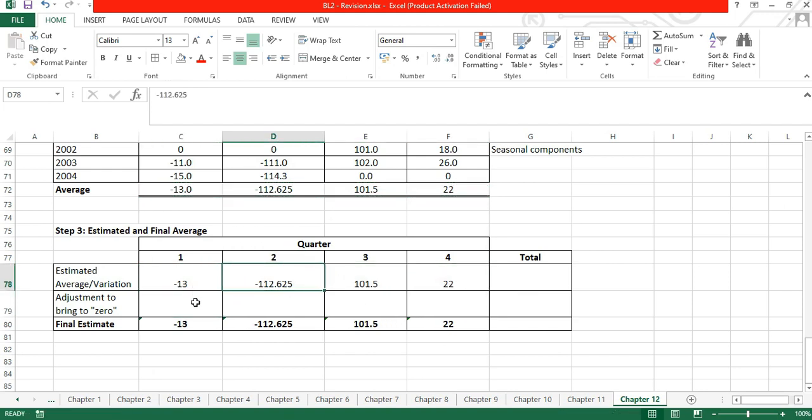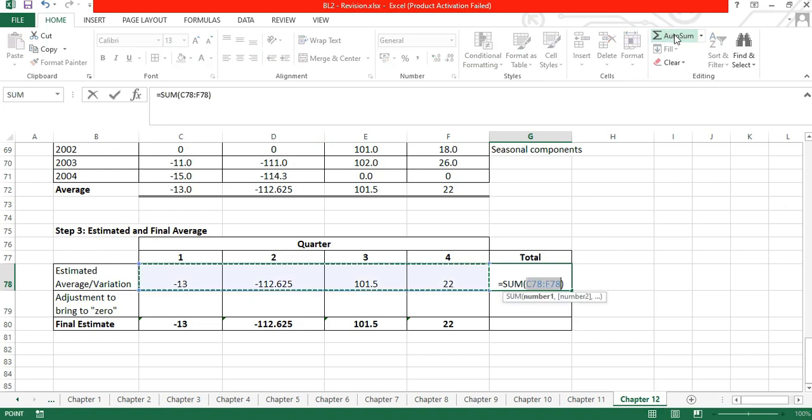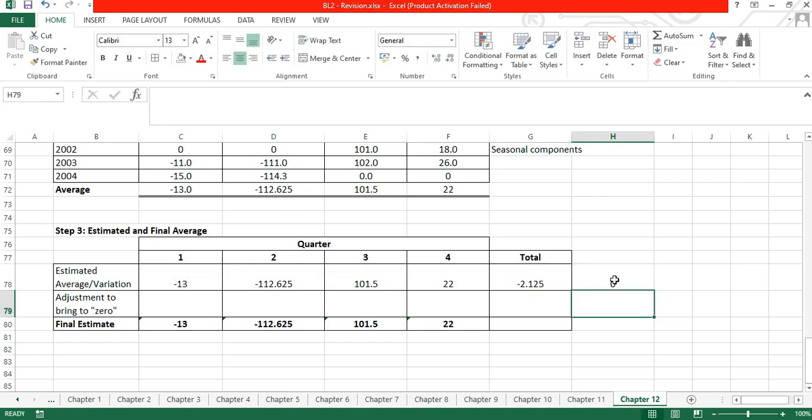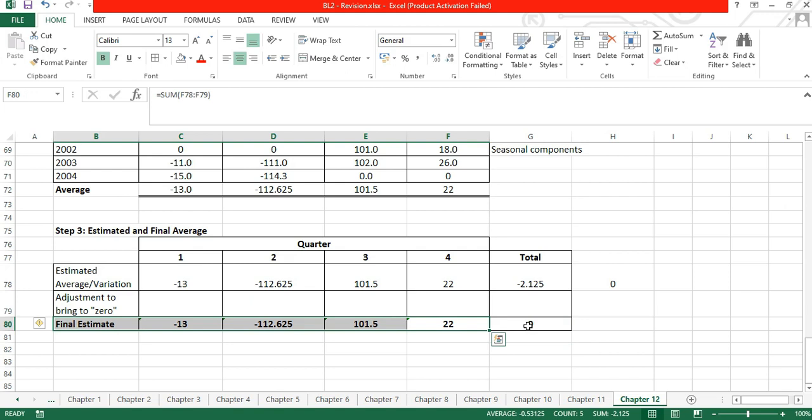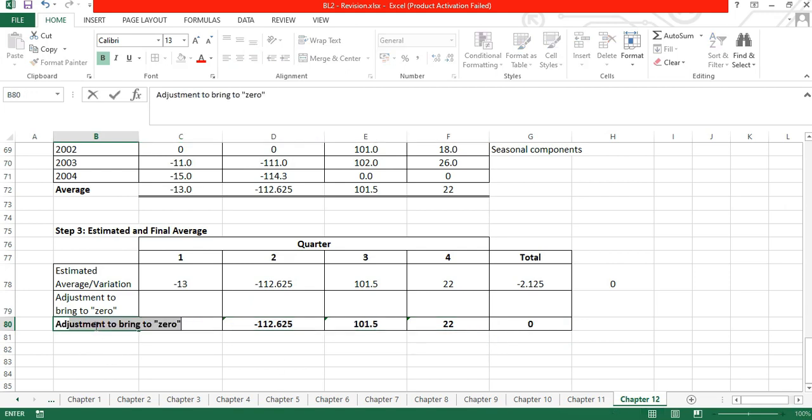Now we know, first we have to take the total of our average. Now we should see how to make this total 0. That was the rule in step 3 to find the final average. So to make the final estimate 0, this is also called the adjusted seasonal component.